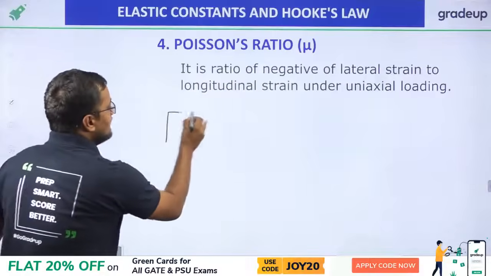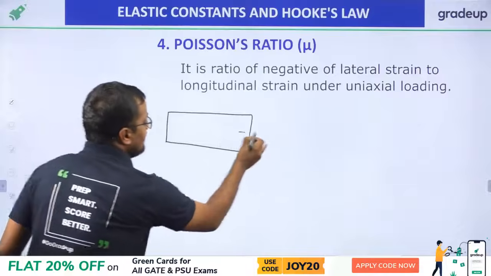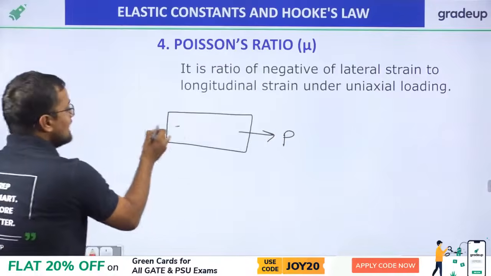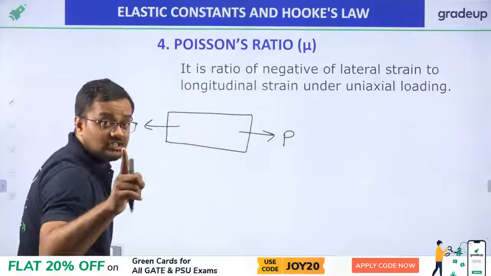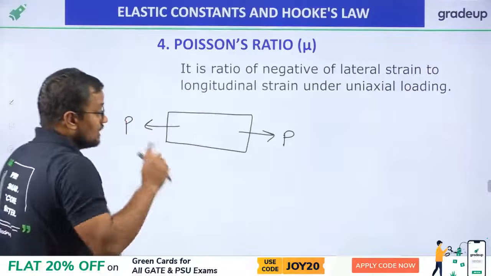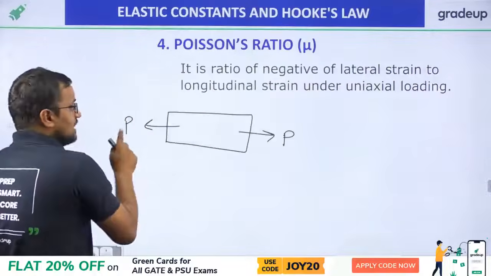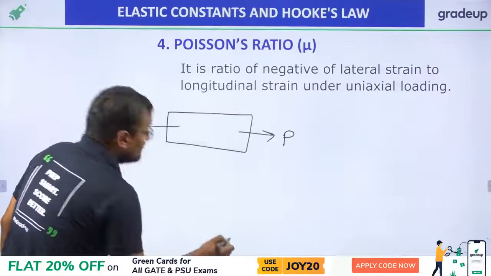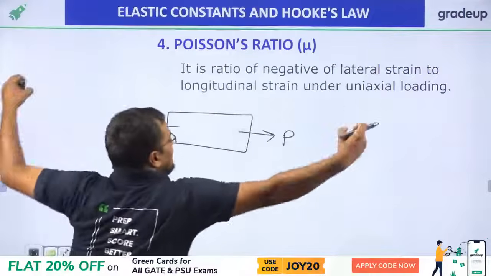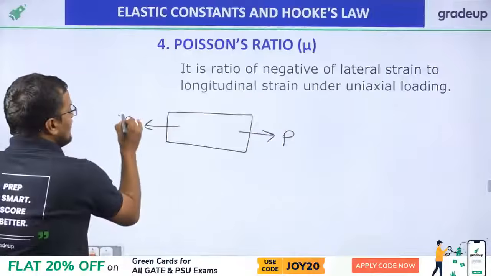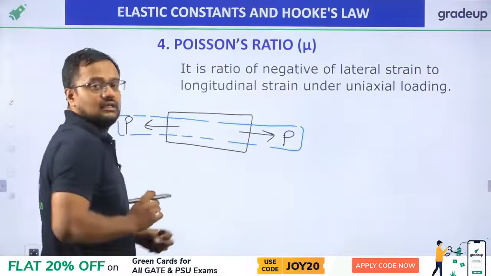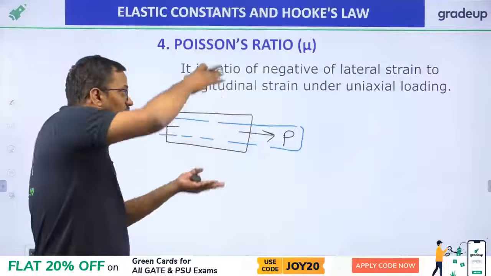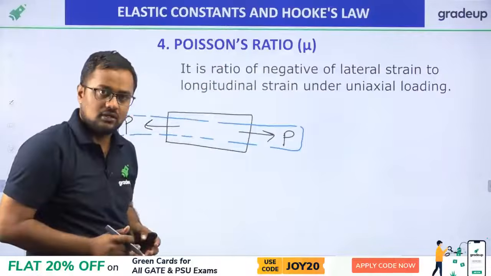Suppose, my friends, this is a body, and I apply a P force. Please see this Poisson ratio constant very carefully. If I apply P force like this, then on this body I am applying a tensile force, so length will be increased and simultaneously width will be decreased.